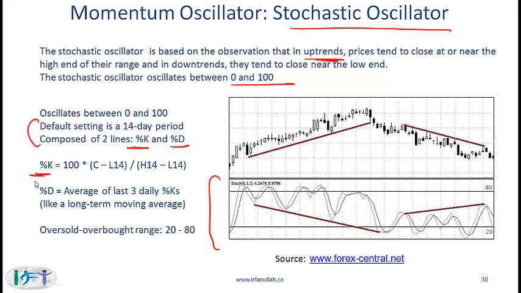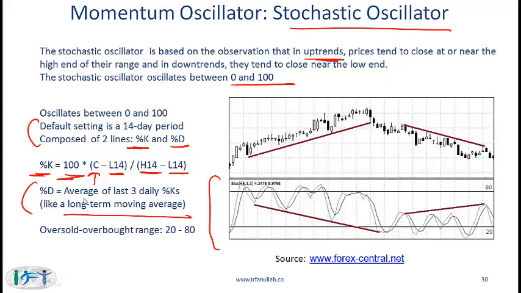You calculate percentage K by doing 100 times C, where C is the most recent closing price minus L14, the low price over the recent 14 days, divided by the high over the recent 14 days minus the low over the recent 14 days. And then percentage D is like a long-term moving average.